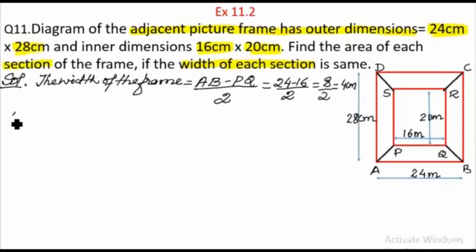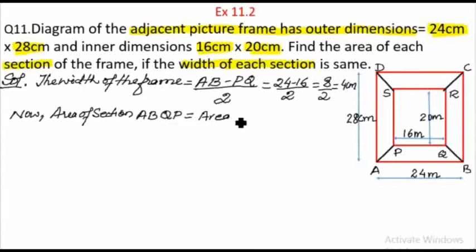Now the area of section ABQP is equal to the area of section DCRS, because these two sections are the same, this one section and this section.